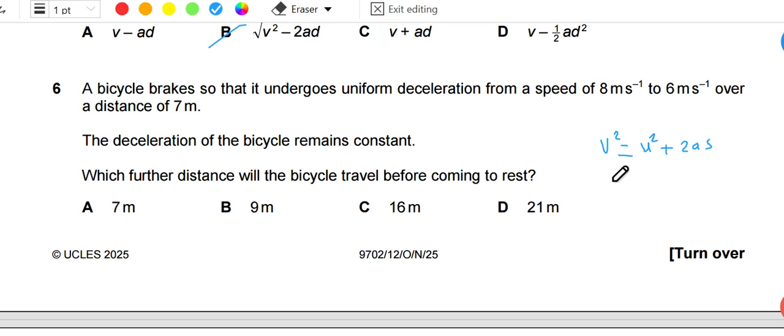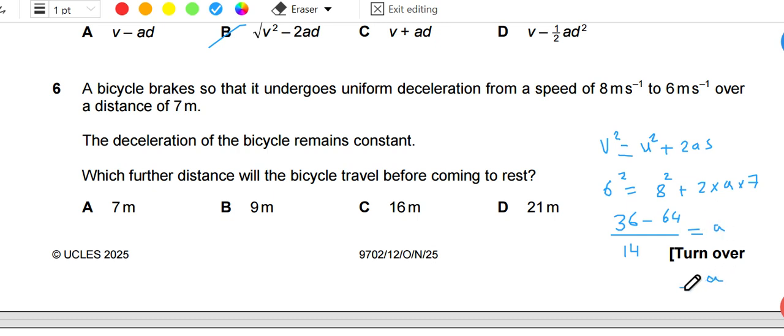And as v is less than u, we will substitute a as it is, 2 times 8 times 7, and after that we can find that this is 36 minus 64 over 14.